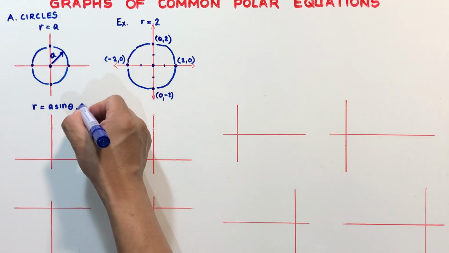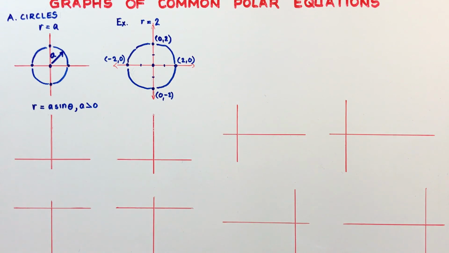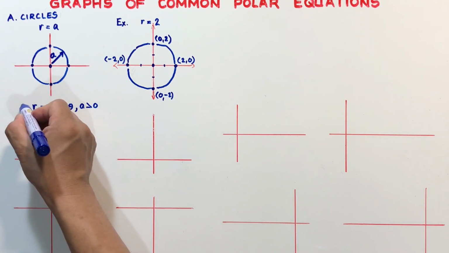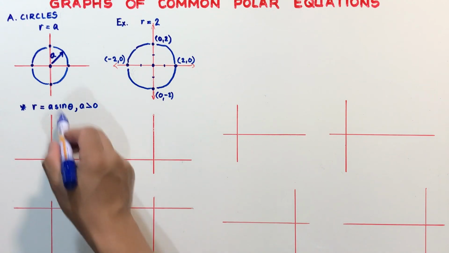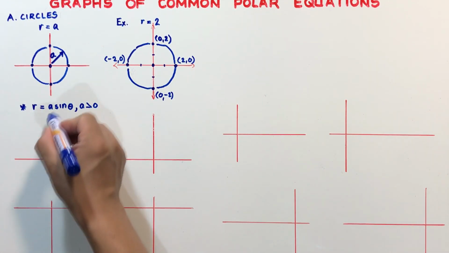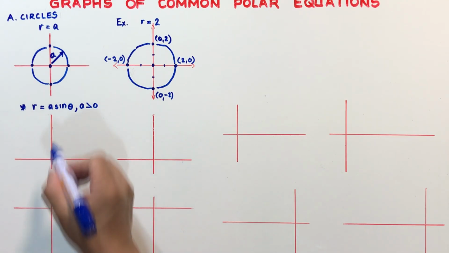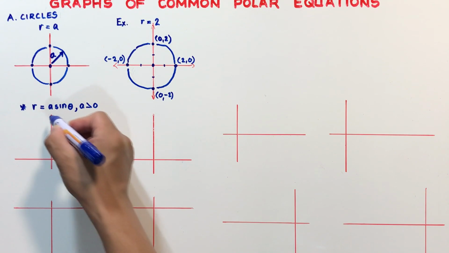When a is positive, so when a is greater than 0, the graph of this circle has its center along the y-axis, and in fact this is a circle which is above the x-axis because a is positive. So the graph of this is a circle whose diameter is a.